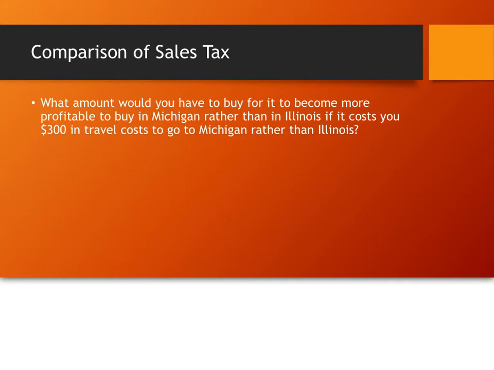Now, there are two ways to do this, and I'm just going to do one way. Realize that the difference, what we were talking about earlier: Michigan has a 6% tax, so it's going to be 106% of the original price in goods. We want to get to a place where the difference of that 6% and the 6.25% you'd pay in Illinois is, excuse me, $300 essentially.